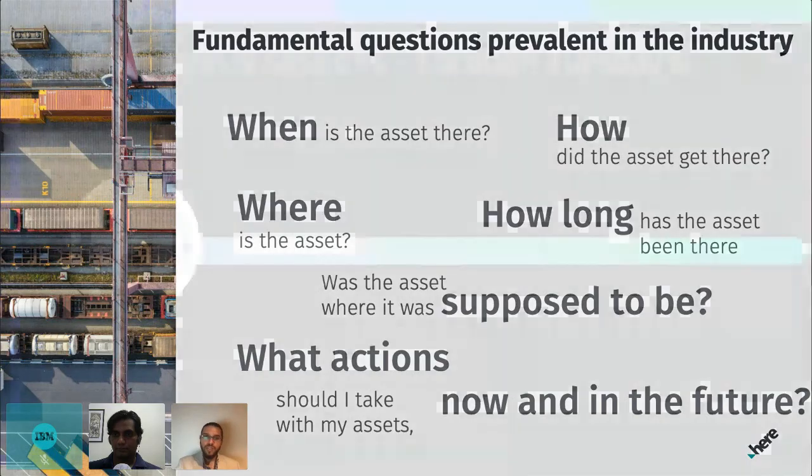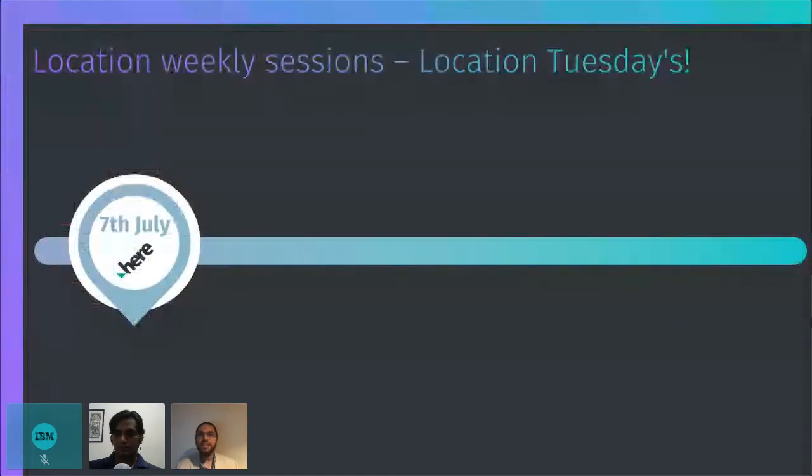So today we are with you on a weekly session for the next 8 weeks, I would assume. So we have the Location Tuesdays. If you are familiar with Ruby Tuesday, the restaurant, we'll have a Location Tuesday with you.